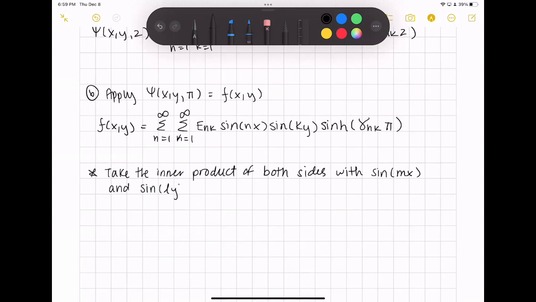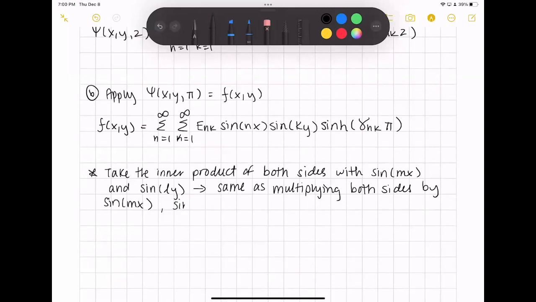And we know that it's the same as multiplying both sides by these terms and integrating.